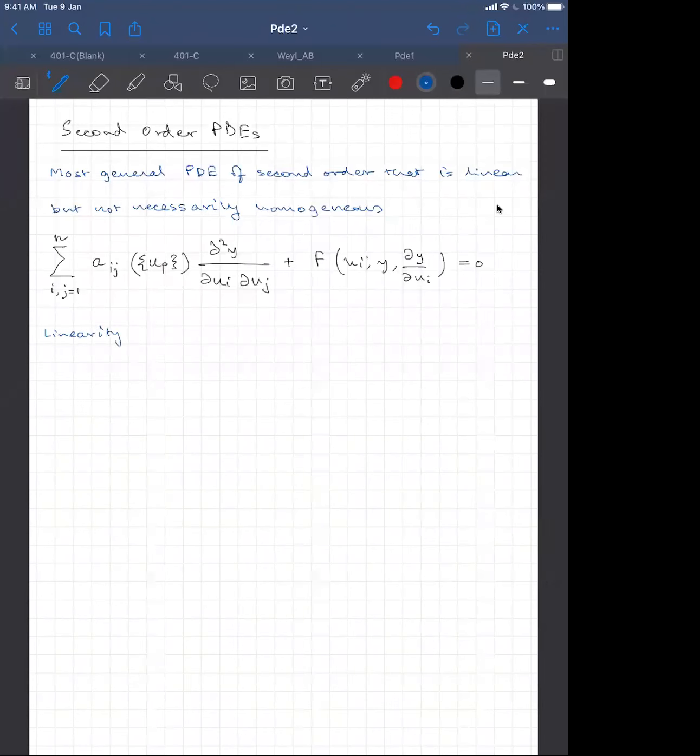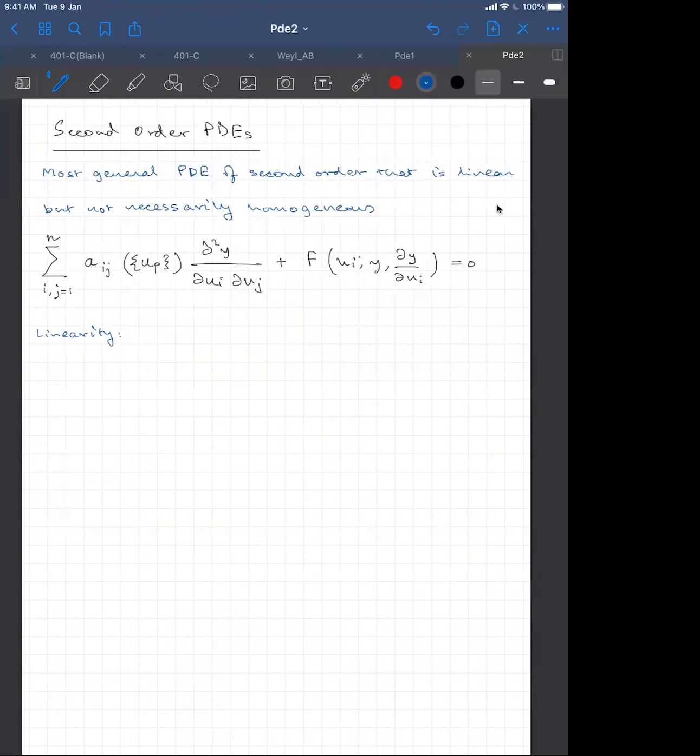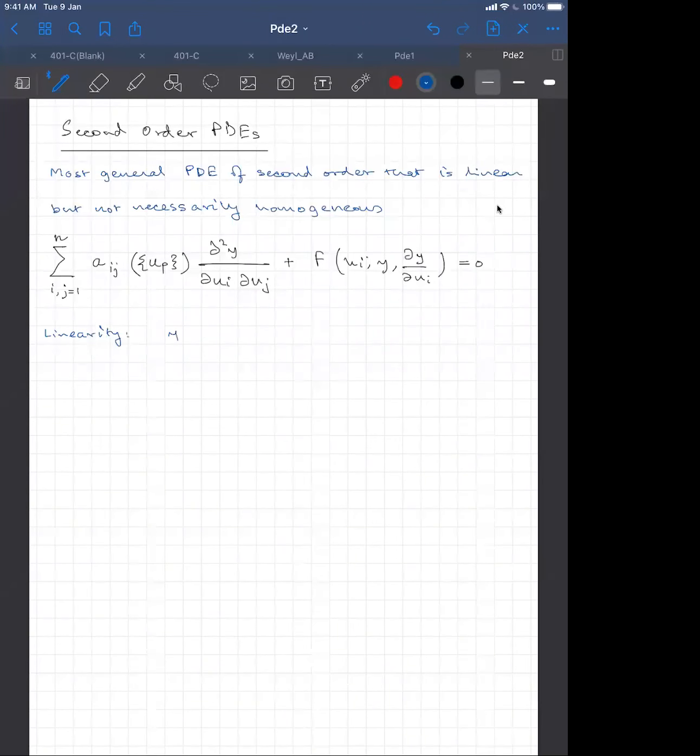Linearity. u goes to lambda u, say alpha u, in a PDE. If each term scales as alpha, then the PDE is linear homogeneous.